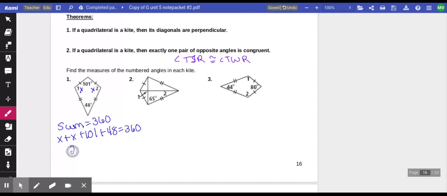So that's 2x plus 149 equals 360. I subtract 149 from both sides. And that's 211. Divide both sides by 2. And x equals 105.5.